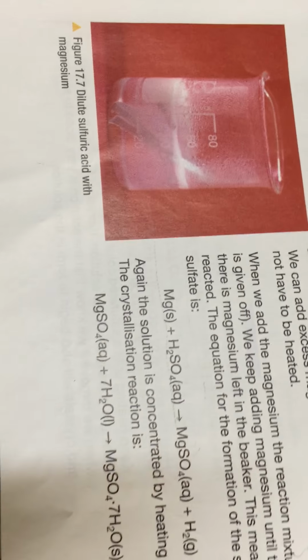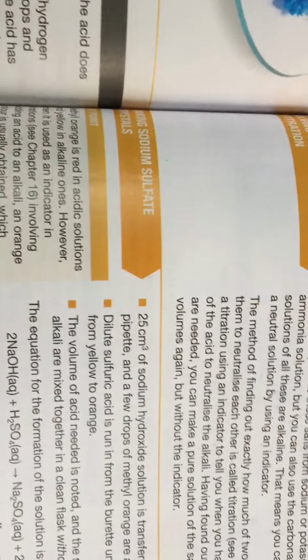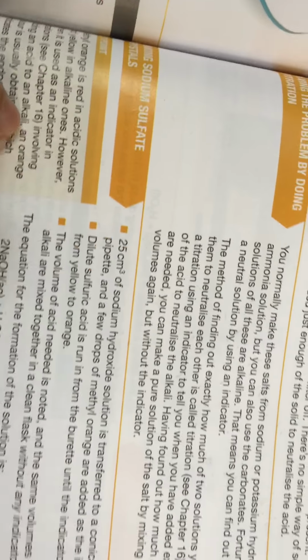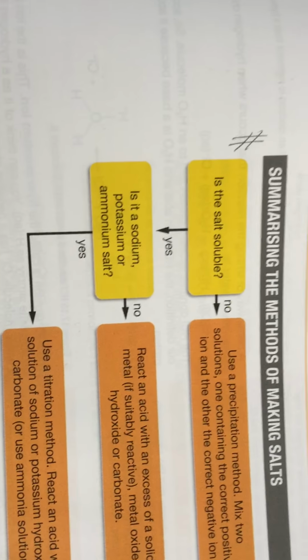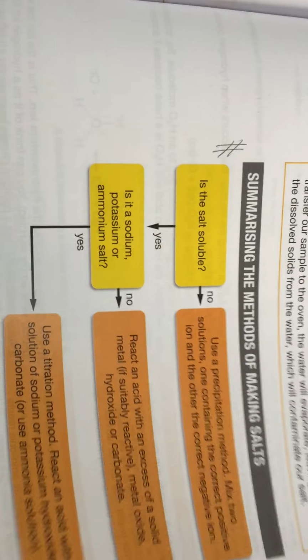How can I make crystals from magnesium sulfate, adding magnesium itself? But in this case, I cannot add copper itself because it does not react with acid. It is under hydrogen in the reactivity series. Okay, this is summarized here. And then I want you to know the definition of acid and base.